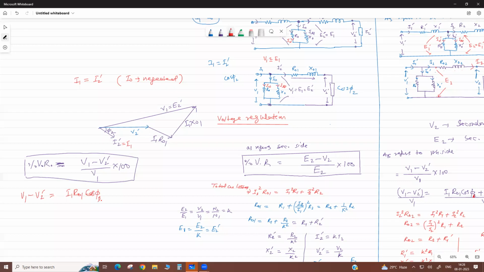Or phi 2 load, plus I1 X01 sin phi 2. Or let us write here I1 phi 2 overall transfer, so this overall power factor, then divide by V1. Okay, dear?